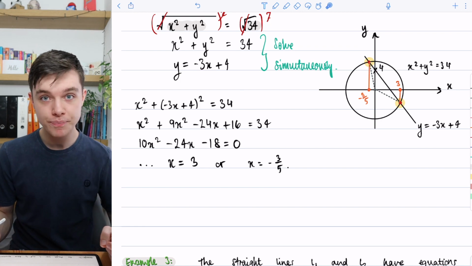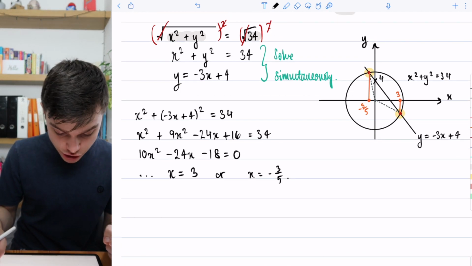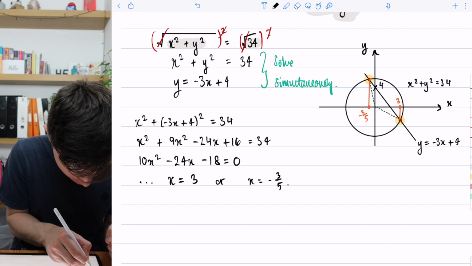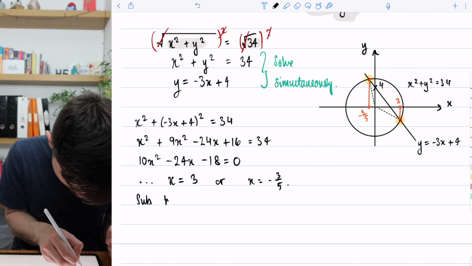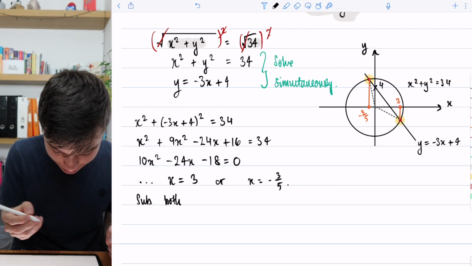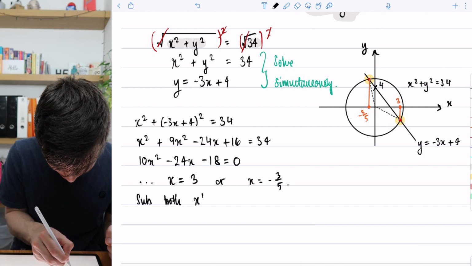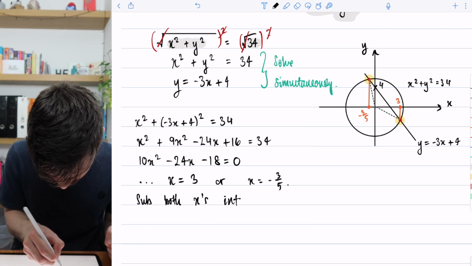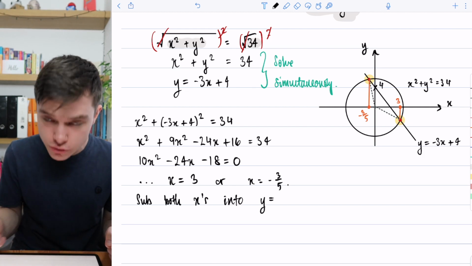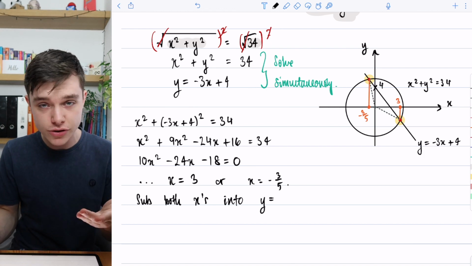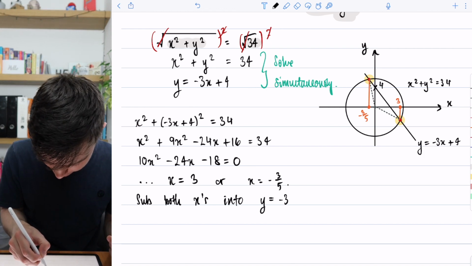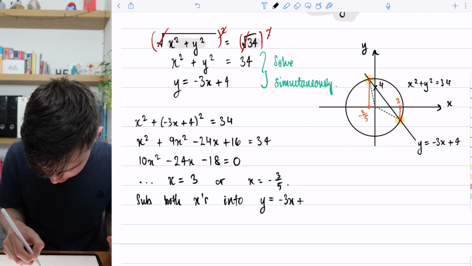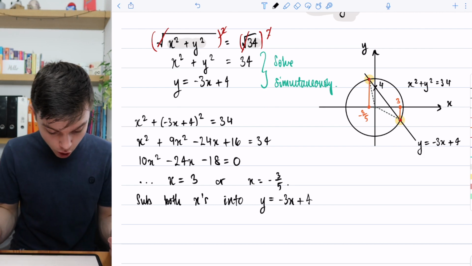So those are my 2 x values, and then all I need to do is substitute both x's, 3 and minus 3/5, into the straight line. We could also substitute them into the circle, but the straight line is much easier because it's linear. So we'll just have minus 3x plus 4.